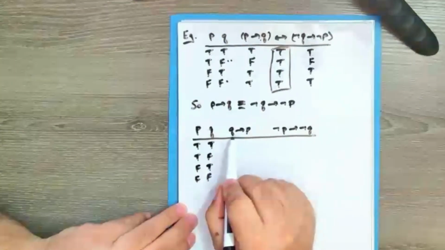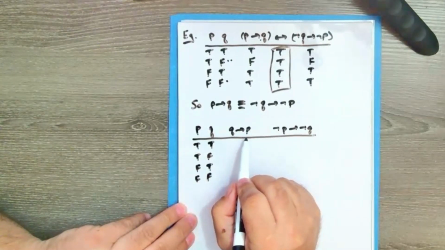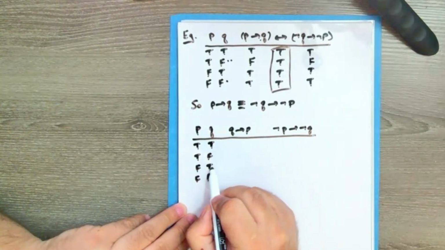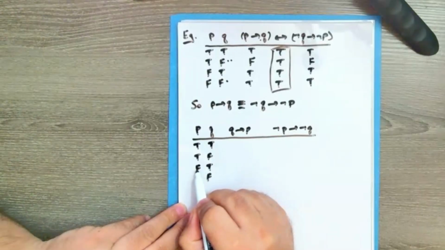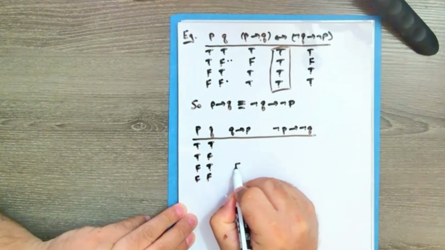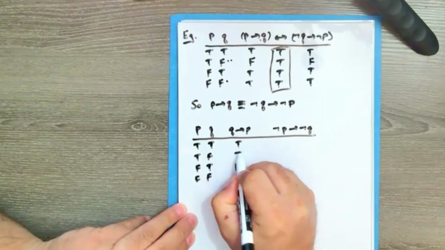So the implication Q implies P is false precisely when Q is true and P is false. In all other cases, it is true.